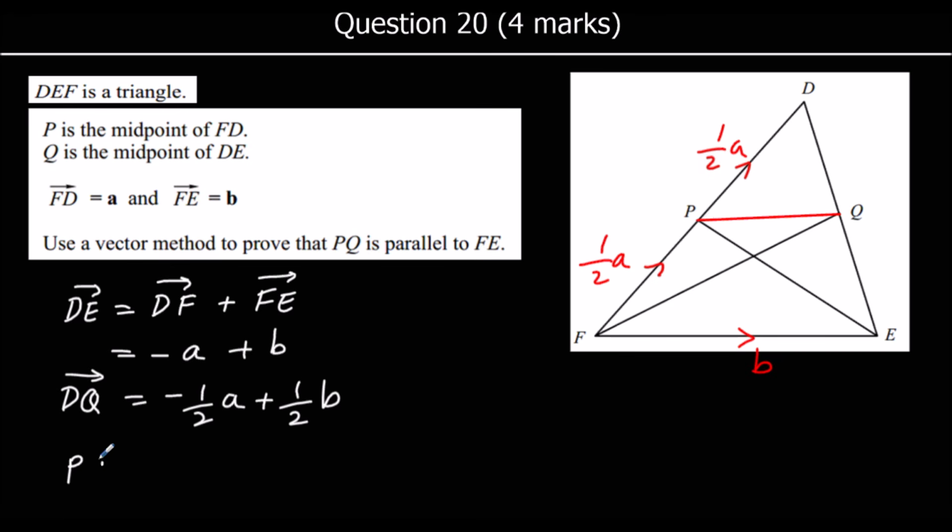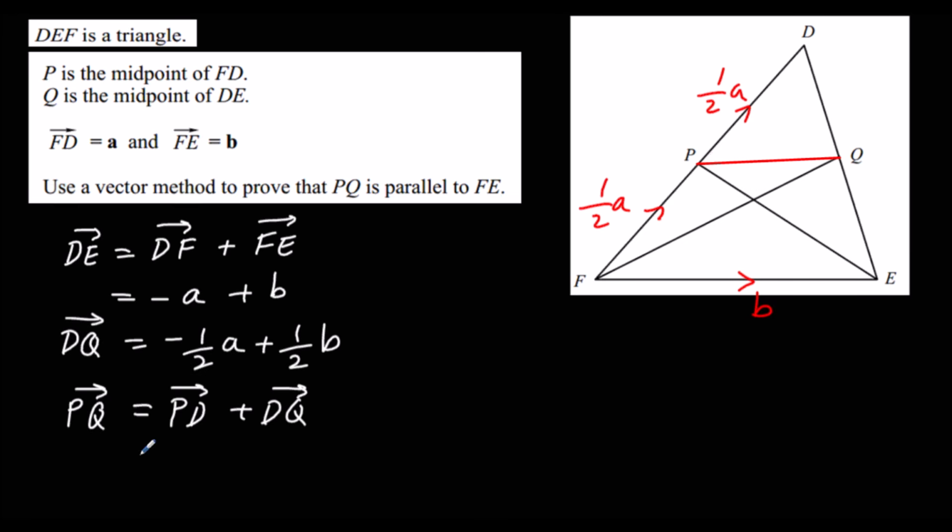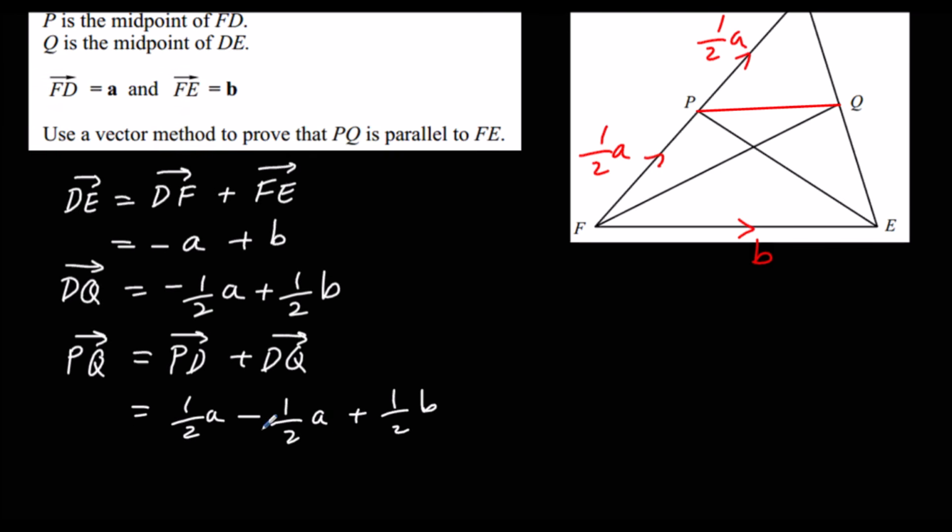So P to Q is P to D and then D to Q, which is a half of an A minus a half A plus a half B. Half an A, take away half an A is nothing, so it's just half of a B. So P to Q is half of a B, F to E is B, so P to Q is half of F to E. Therefore, they are parallel.